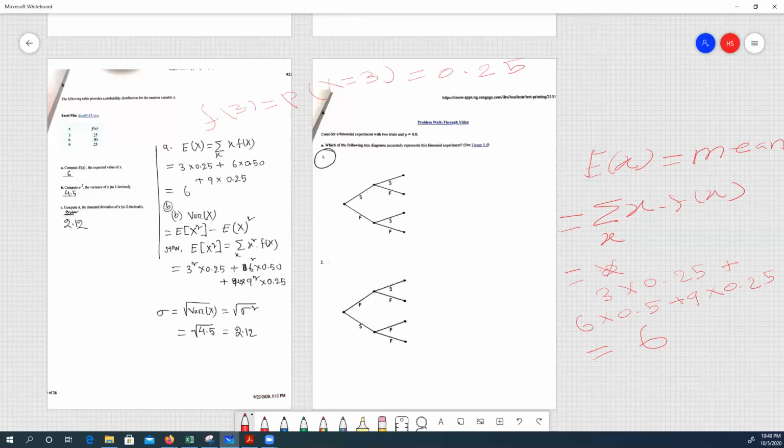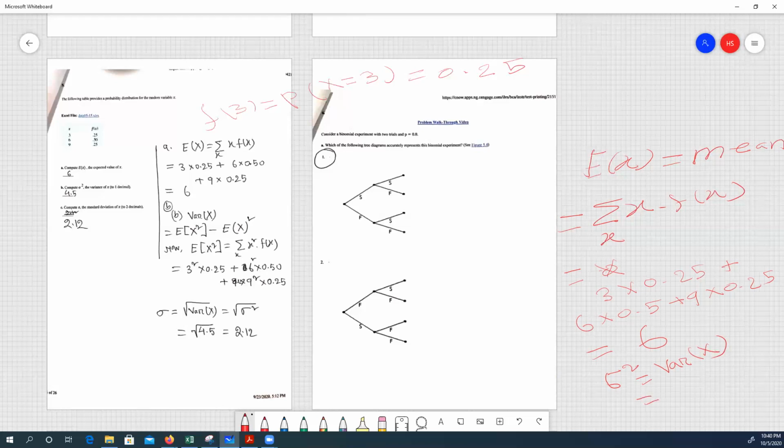Okay, and now you have to compute sigma square, which is the variance of the random variable x.